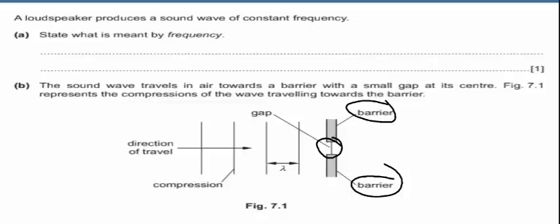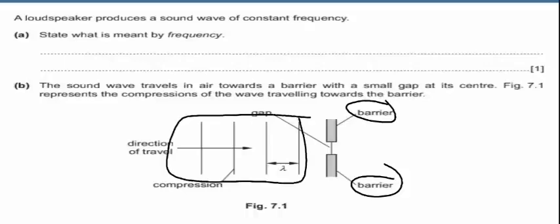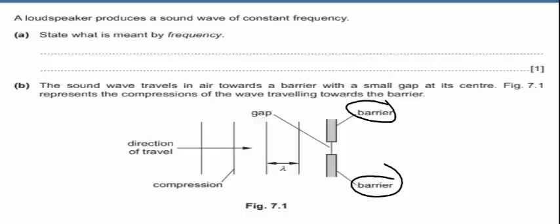As you can see, the way the wave is moving like this, once it passes through this gap, you're going to find that it is going to undergo deflection. When you talk of deflection, it means the pattern, the way the wave is moving, is going to change.